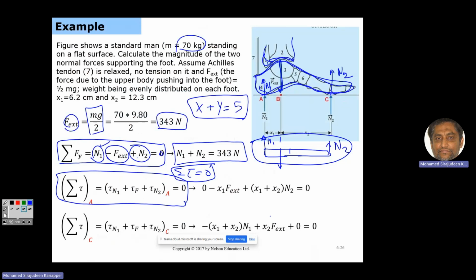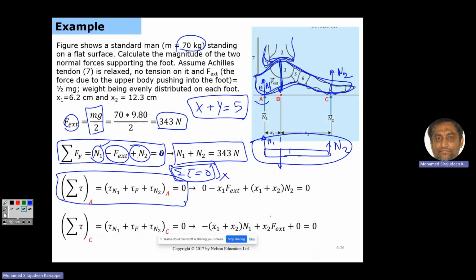And when you say torque, if someone says find the torque of this force, is that a complete question? No. You have to tell me about which point. Because depending on where you want to take the torque, the answer will be different. So this equation, net torque equal to 0, is true whatever point you choose.